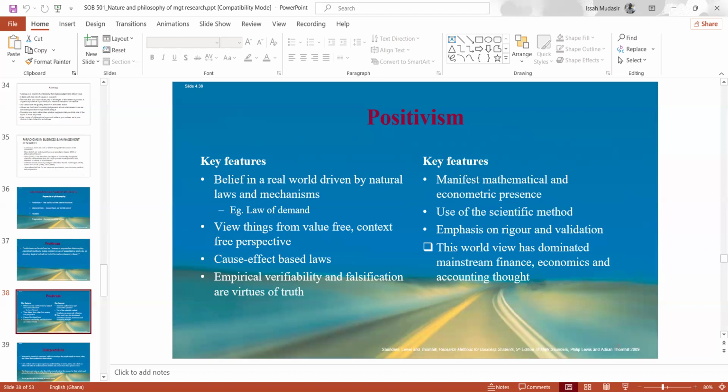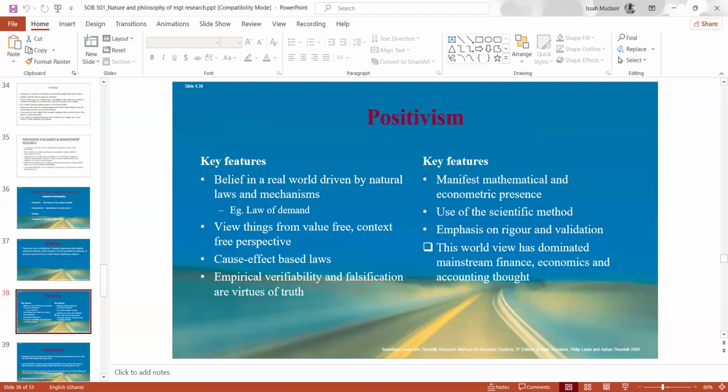You can say that, oh, that law does not exist. But it exists and influences your purchases. Okay? So they believe that research is value free. In other words, value will have no role. And that research is context free.